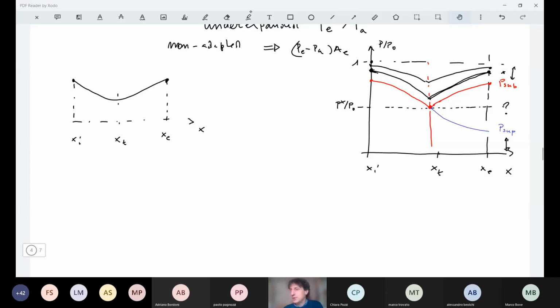But at this point we don't even know which of the two solutions will be followed by the flow. Will it be all supersonic in the diverging section and then adjust outside with some compression rather than expansion? Or will it be subsonic and then adjust in some way outside the nozzle?